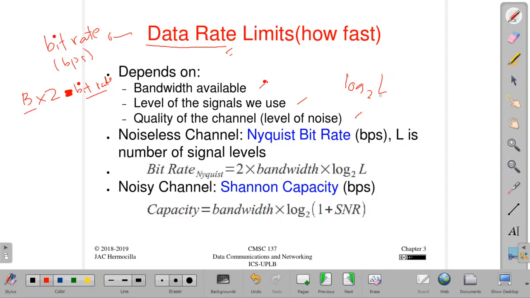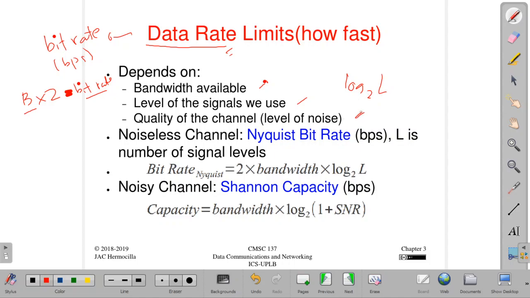So the bigger the L, the more bits can be used to represent a single signal, as we've shown earlier.